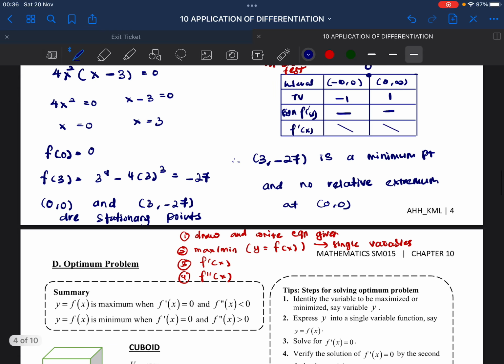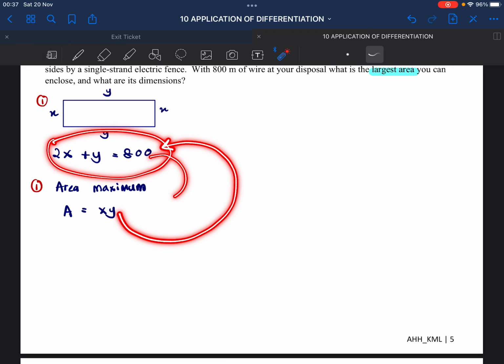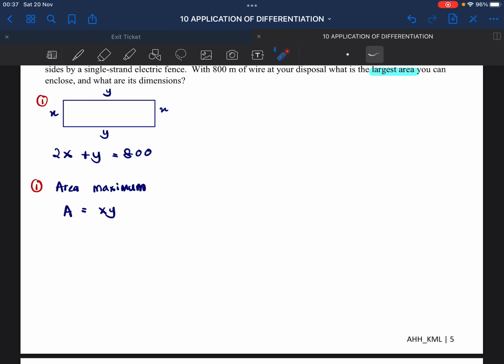Remember I said for the second step, your A must be in a single variable. For this case, we have x and y, so you have to choose. Now we have to go back to our first step. From this equation here, we are going to help this to be a single variable. So we don't want to make our work difficult, we are going to choose y as the subject.